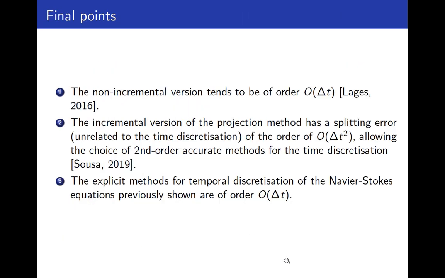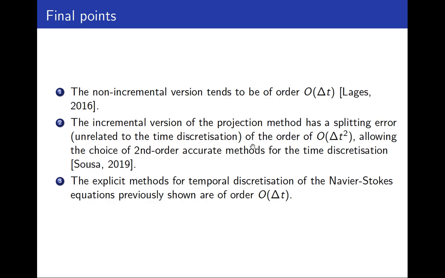So, final points. As I mentioned before, the non-incremental version tends to be of order delta t. The incremental version, on the other hand, has a splitting error which is unrelated to the time discretization.